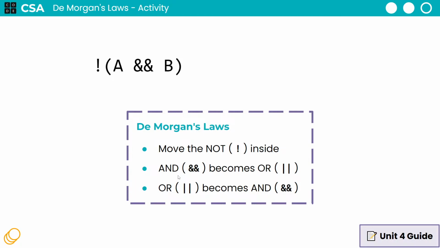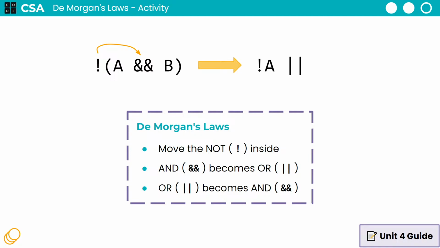So, with De Morgan's laws, the first thing is move the not inside, and becomes or, or becomes and. So we have not (a and b). We move the not to the and sign. Whenever we do that, we do the opposite of and, so we make it or.